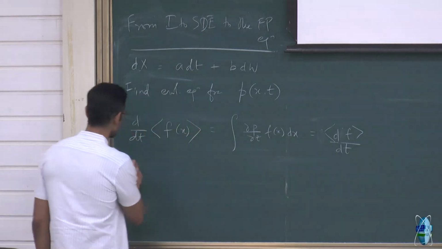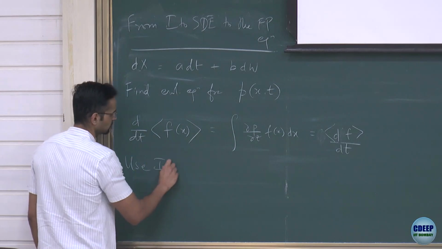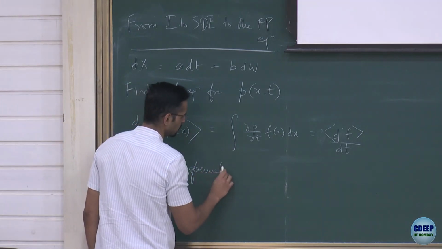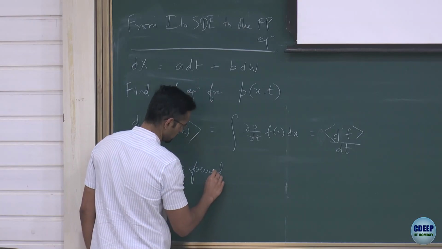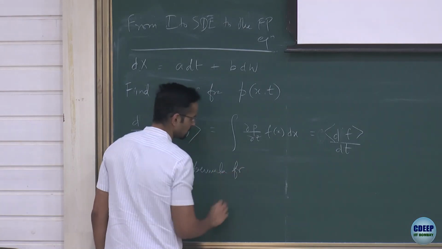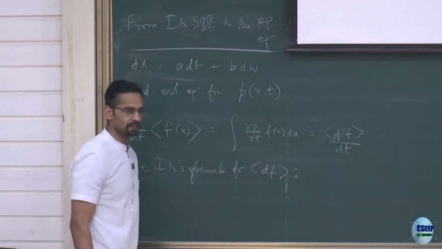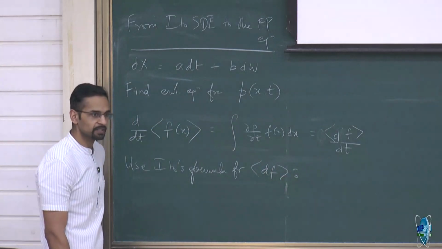Okay? So I'm going to use Ito's formula for finding this df. So can you tell me what that is?